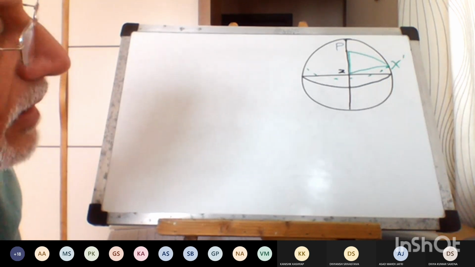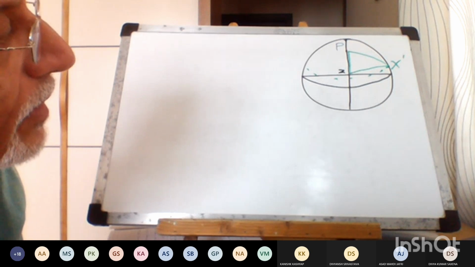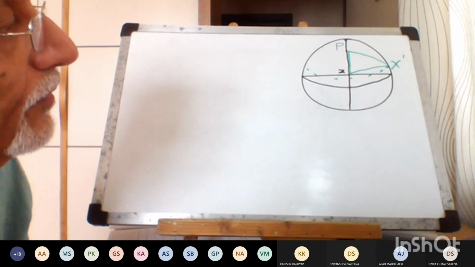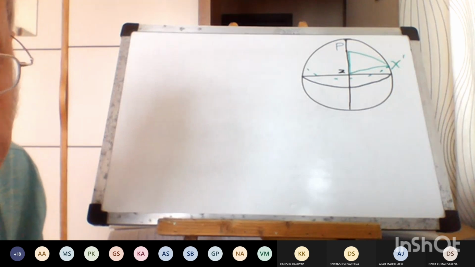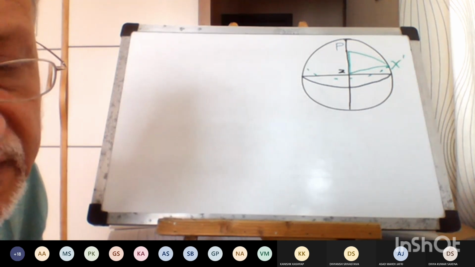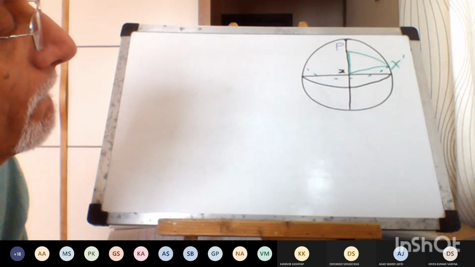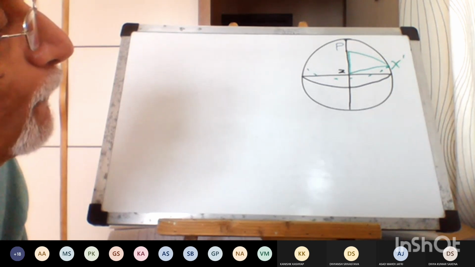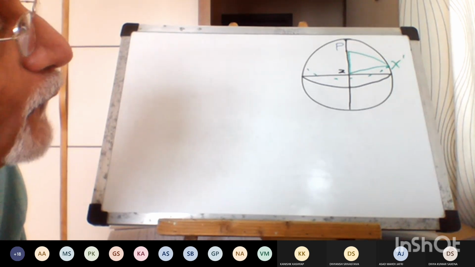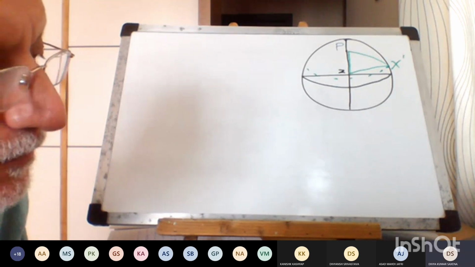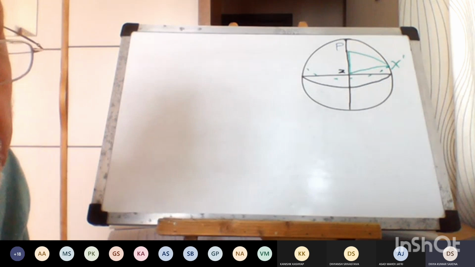There Z is not 90. Somebody said PX dash is 90. PX dash is not 90. Can you tell me why? Because the body has some declination. Very good.